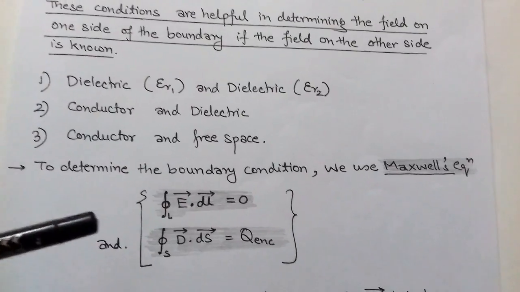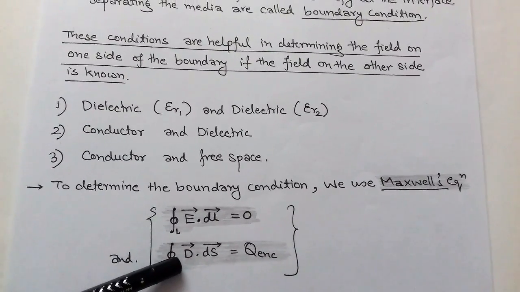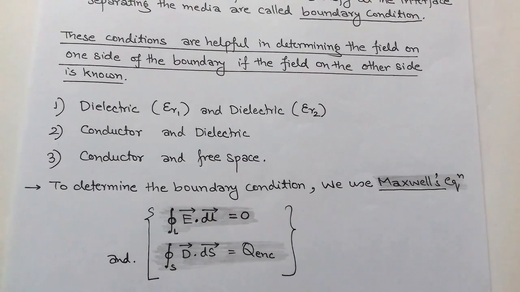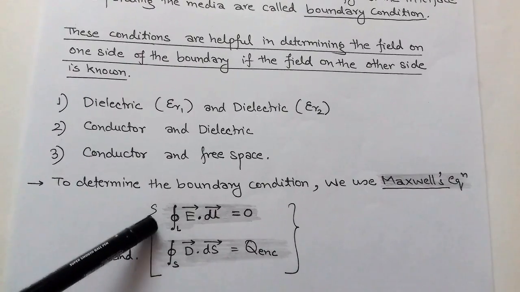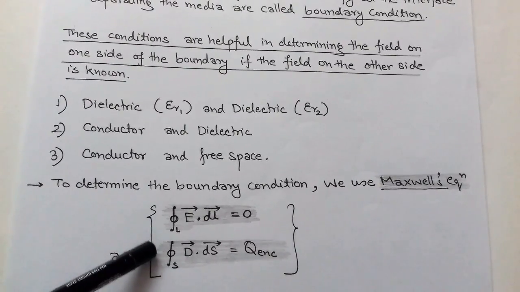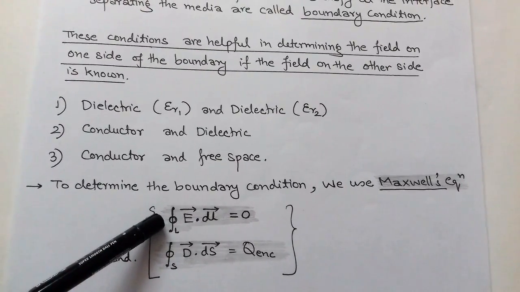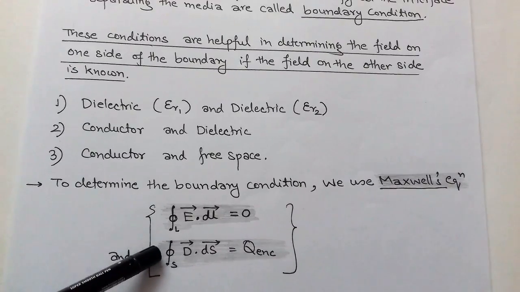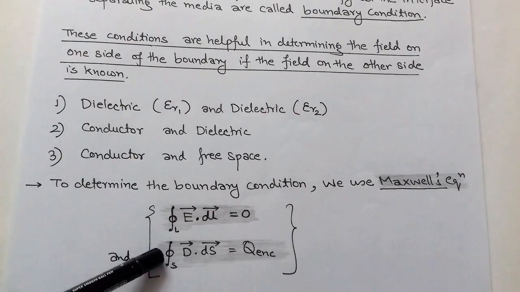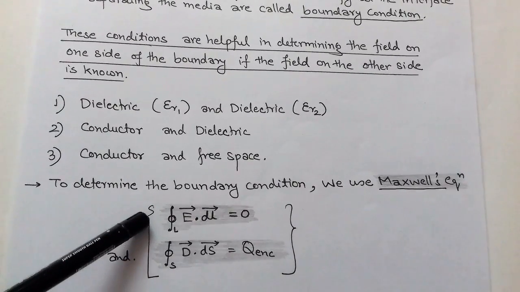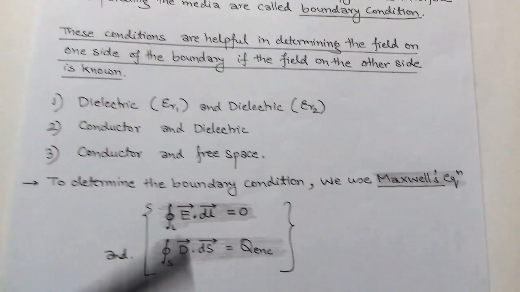In the first we use the electric field E vector, and in the second we use the electric flux density D vector. We take the electric field over a closed path, and the electric flux density D over a closed surface.